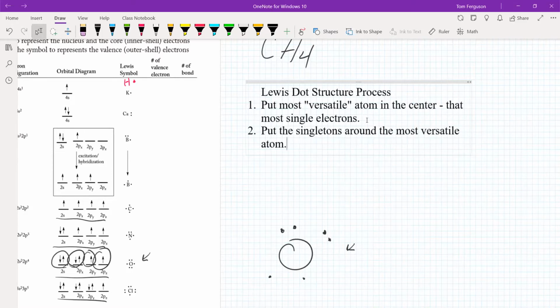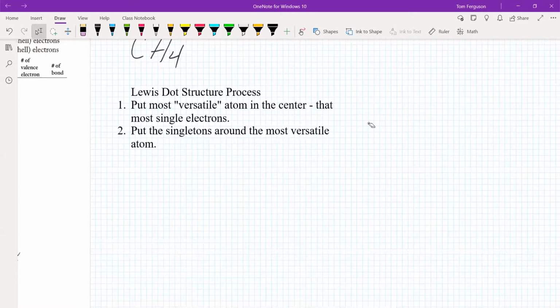In this case, hydrogens are singletons, so we're going to put those around carbon. So here we have carbon with its 4 singletons.